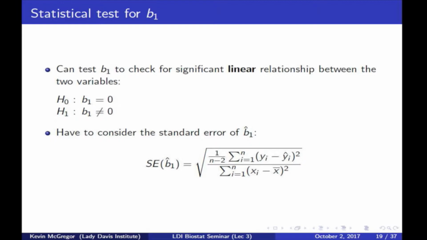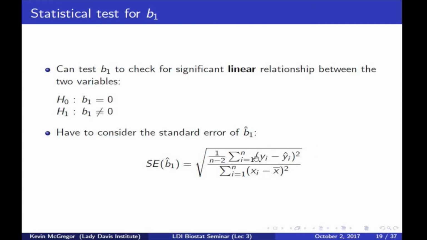If you remember last time with the t-test, in order to do our hypothesis test, we had to look at the standard error of the mean, giving us a theoretical estimate of the distribution of the different possible mean values you would get if you had taken repeated samples from the same population. We have a similar quantity for beta 1 hat. It ends up being something that's not quite as nice looking, but it's not too difficult to calculate.